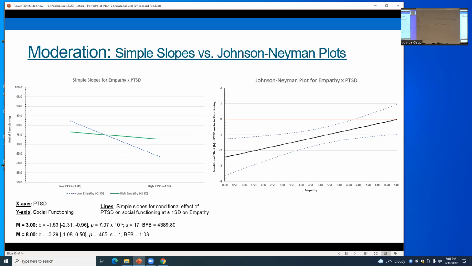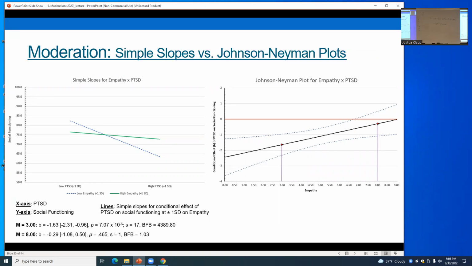Empathy scores range from 0 to 9. This is the conditional effect. So if I were to say right here, for empathy scores of 3, this coefficient represents the association of PTSD and social functioning for people who have a value of 3.